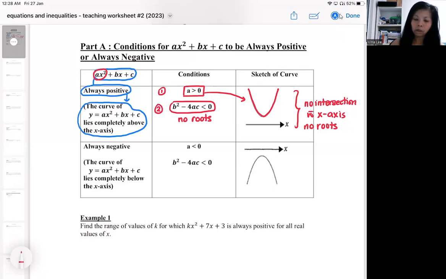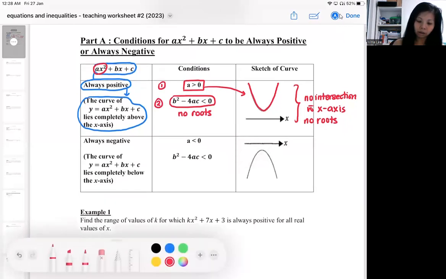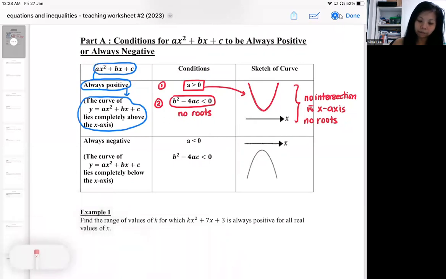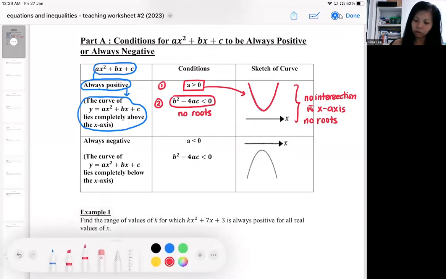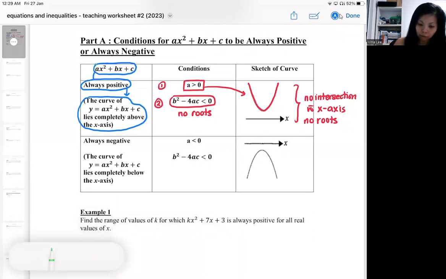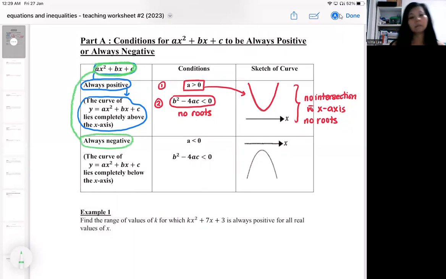Subsequently, if we say that a quadratic function is always negative, let me use another color, a green color.